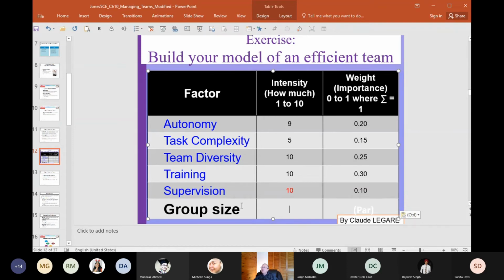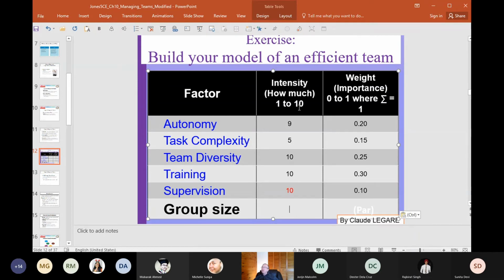But group size could be another factor that you could put in the variables explaining team efficiency, okay? Because there is an ideal group size, so the intensity will be seen here as the number of people in the team, in the group.